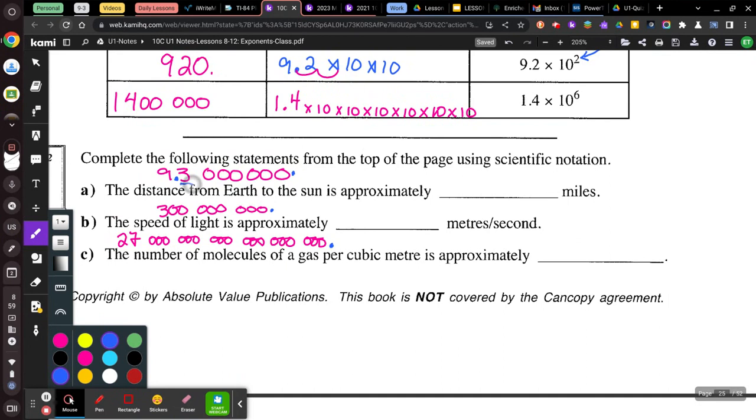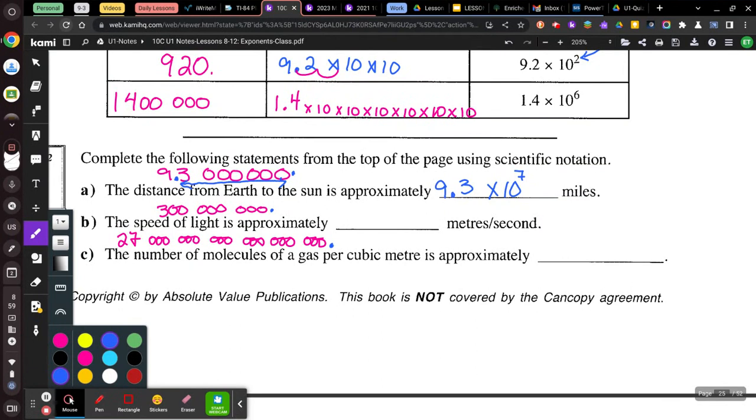So I'm counting the number of spaces between these decimal points. I've got 1, 2, 3, 4, 5, 6, 7 spaces between them. So I'm going to have 9.3 times 10 exponent 7. Okay, it's not a 6. Yes, you have 6 zeros, but you've got to move it that extra spot to get rid of that 3 as well.